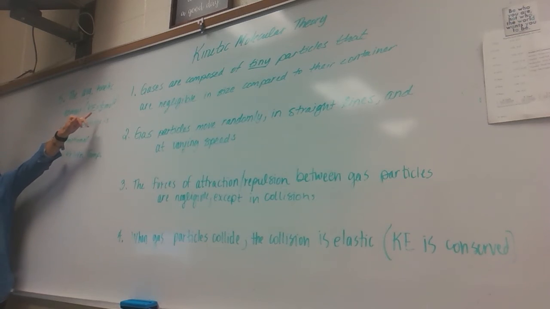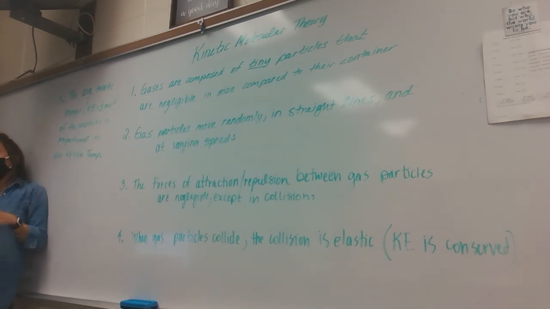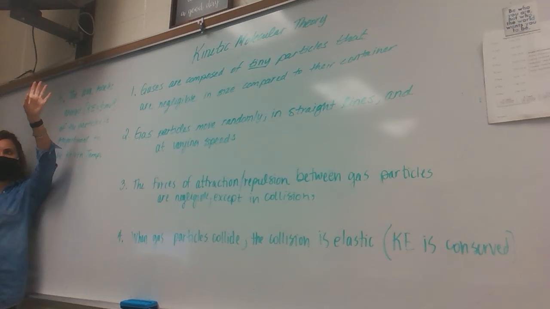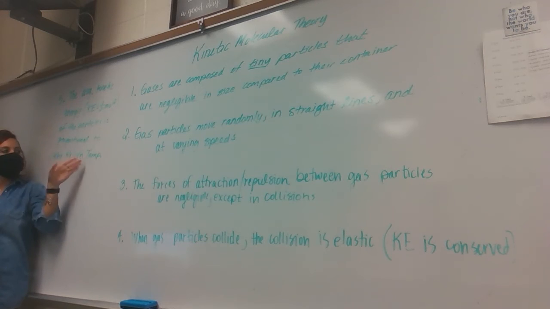So kinetic energy is 1/2 mv squared. M is mass, v is velocity, speed, meters per second. How fast the particles are going, on average, they're not all going the same speed, but some are faster, some are slower, they have an average. On average, how fast they're going is directly related to the Kelvin temperature.